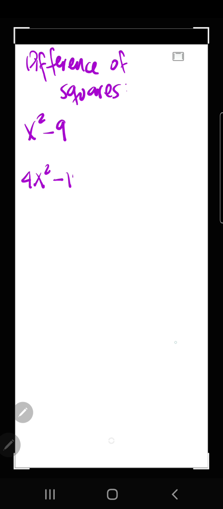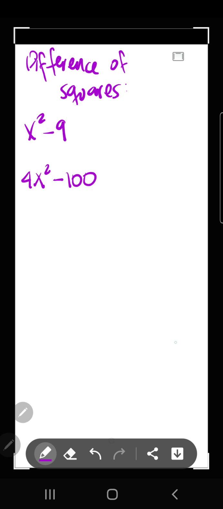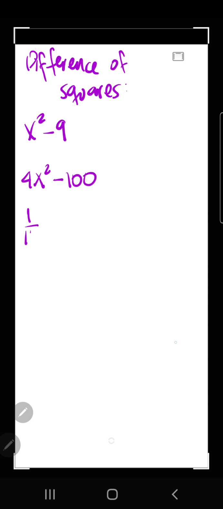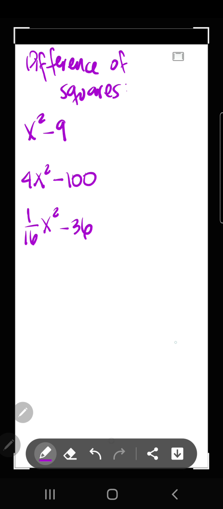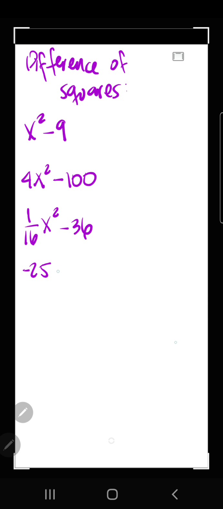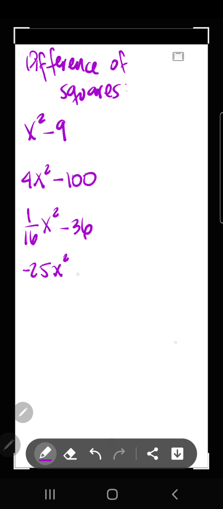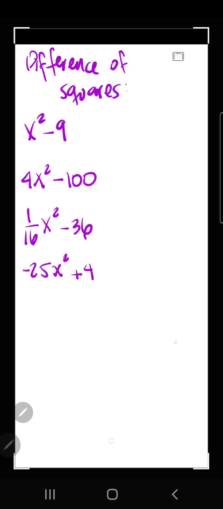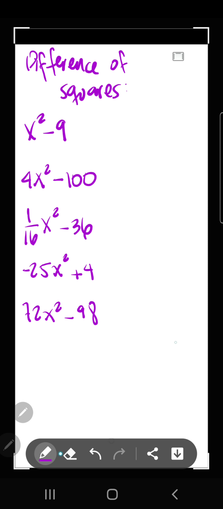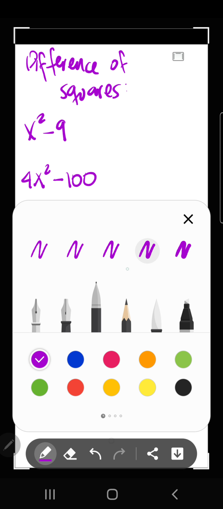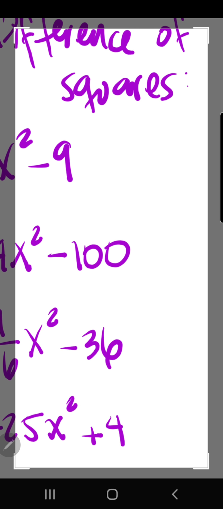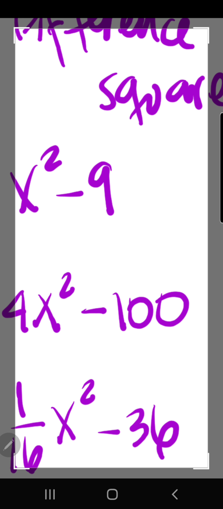For x squared minus 100, two terms with different signs. 1/16 x squared minus 36, two terms with different signs. Negative 25x squared plus 4, and 72x squared minus 98.